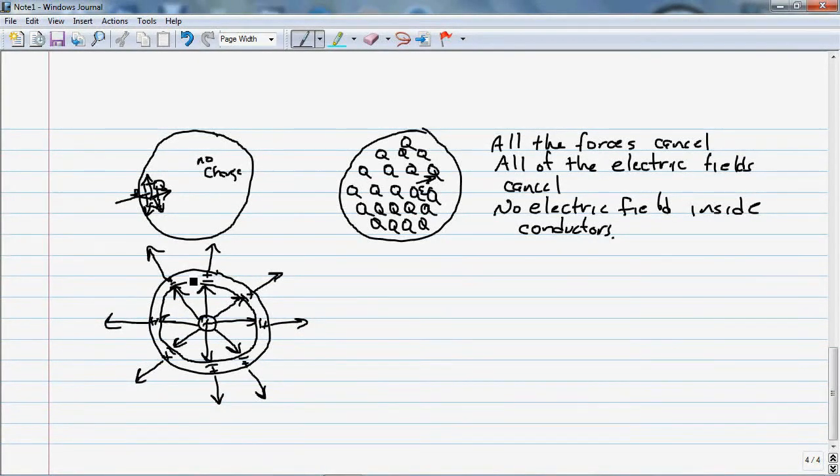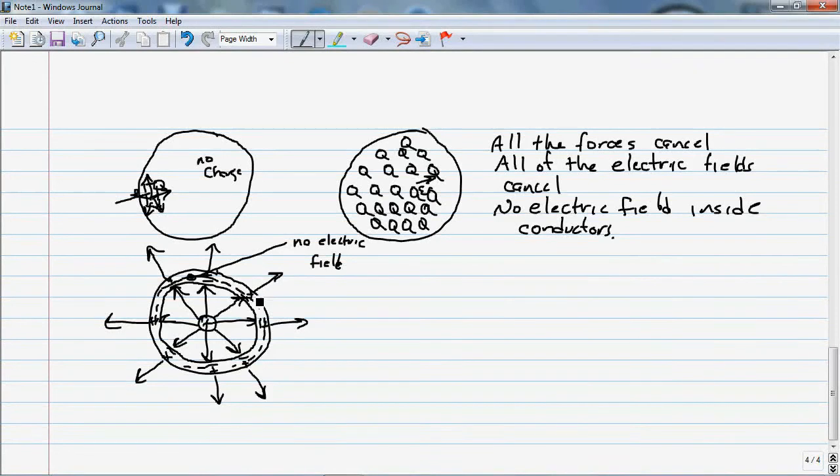But in this area, no electric field. In this center area here, in between positive and negative charges, no electric field.